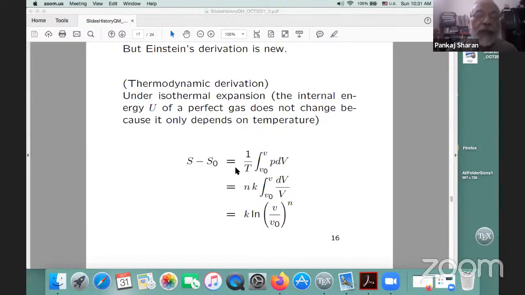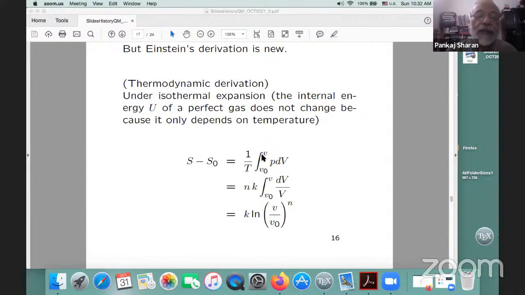If you have S minus S0, please remember that for a perfect gas, the energy U of a perfect gas does not change because it only depends on temperature, and if you are keeping the same temperature, it will be isothermal expansion or compression.